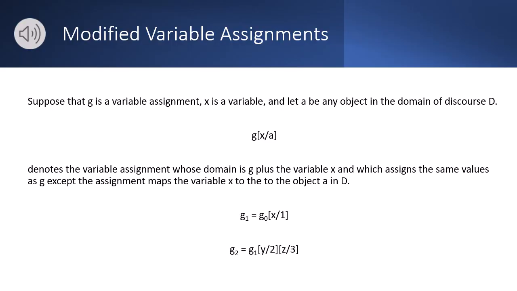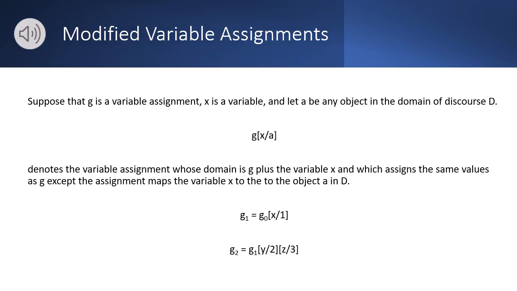In addition to the variable assignments themselves, we'd also need to be able to modify our variable assignments by changing their outputs variable by variable. And we have a bit of notation for that. So let's suppose that G is a variable assignment, X is a variable, and that A is some object in the domain of discourse.